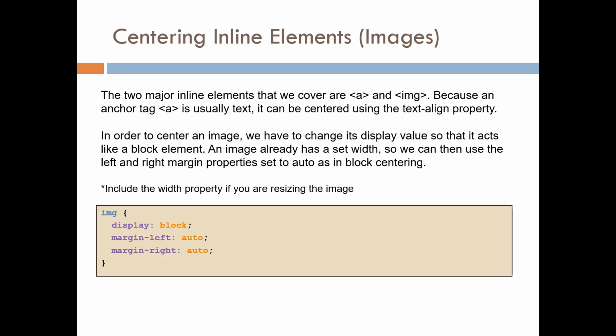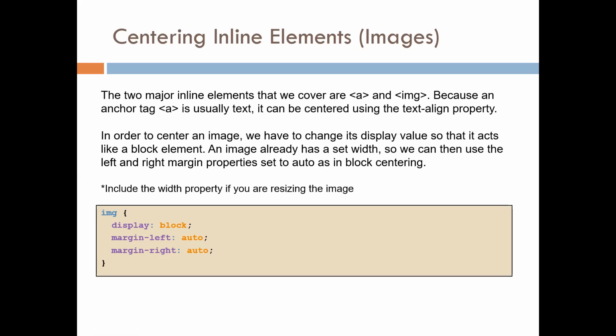All right, so in order to center an image, because it's an inline element, we need to change its display value so that it actually becomes a block element. Then it can be centered using the block method. The image already has a set width, so we need 3 properties to center an image. First, display block. Now this is different from the block centering, which is width.